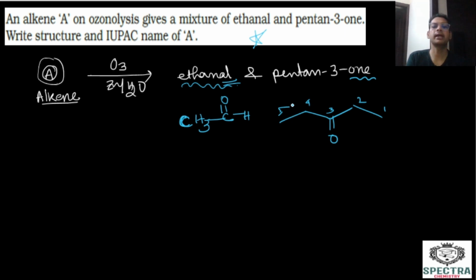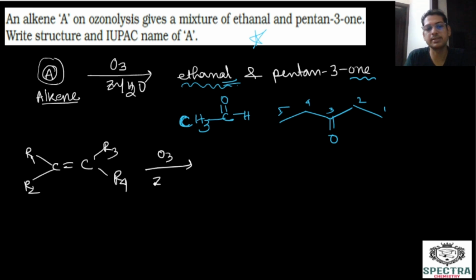Now again, a brief discussion about ozonolysis, the general form. Suppose R1, R2 C double bond C R3, R4. And if you do ozonolysis, that means O3, ZnH2O. In the previous video we have discussed this. Please check the previous video if you are having any problem.